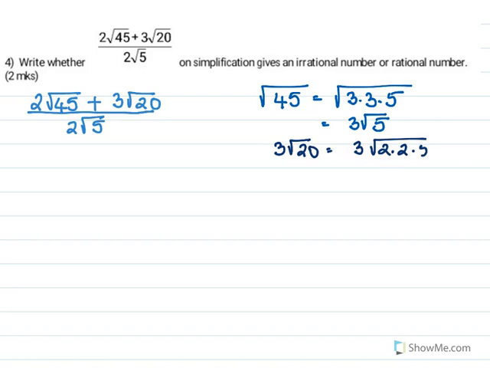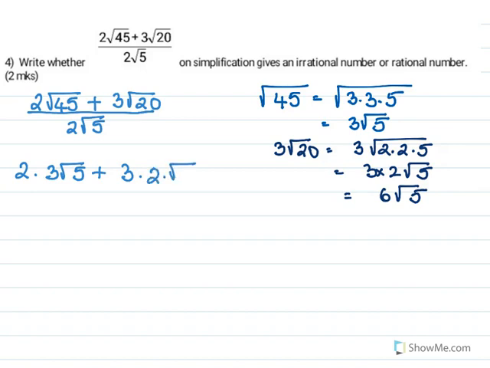It is 2 times 2 times 5, so 3 into 2 under root 5, which is 6 under root 5. Let's put these values in: 2 under root 45 is 6 under root 5, and 3 under root 20 is 6 under root 5, over 2 under root 5.